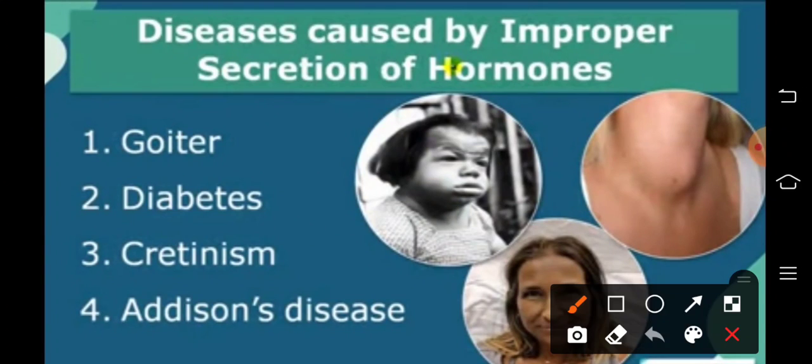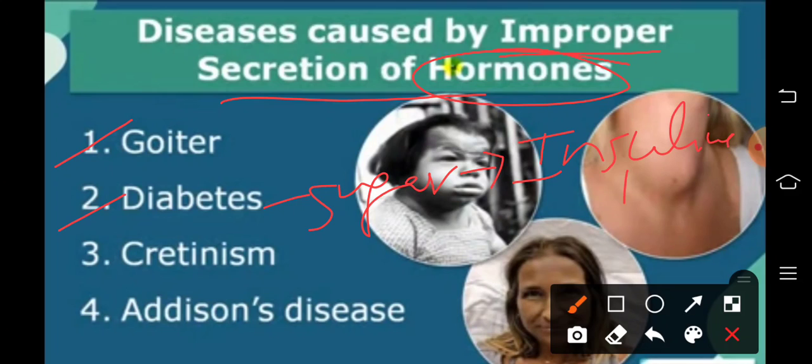So dear students, diseases caused by improper secretion of hormones. If you discuss the hormone, then you know that disturbance of hormone causes goiter and diabetes. Insulin maintains your sugar level, and if the concentration of insulin is lower, then diabetes mellitus is caused.